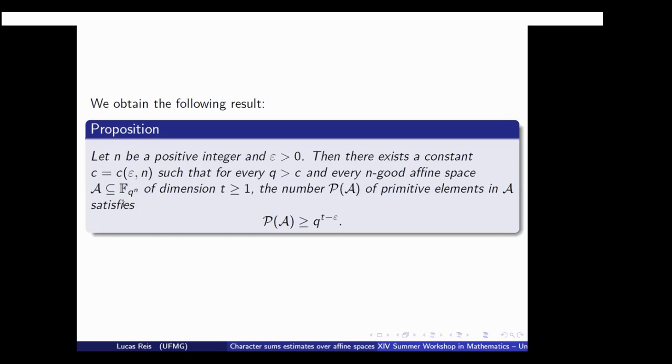And so essentially this proposition is saying that if this affine space has dimension g at least 1, then the number of primitive elements in A is at least q to the n minus epsilon. So this just means that if n is fixed and q is large enough, any affine space in F_q to the n that is n-good contains a lot of primitive elements.